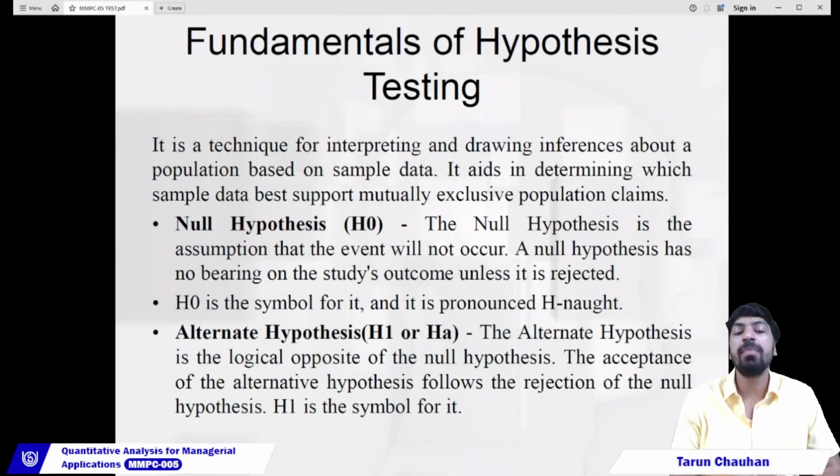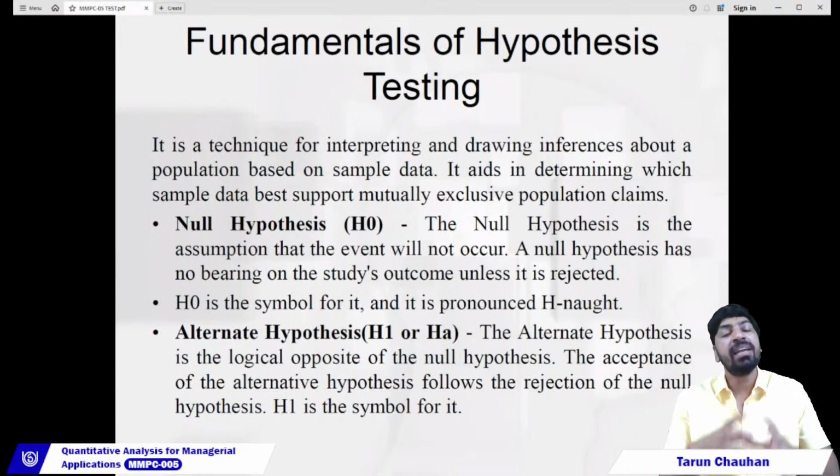Let's talk about the second category, the alternate hypothesis. If I say there is a difference between age and gender, it is an alternate hypothesis. The alternate hypothesis is logically the opposite of the null hypothesis.